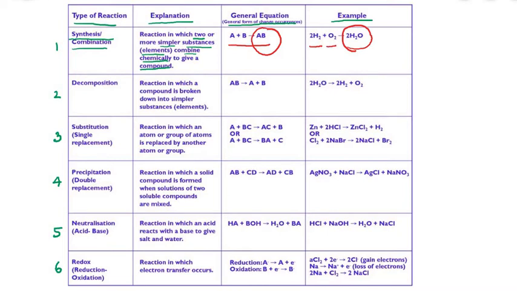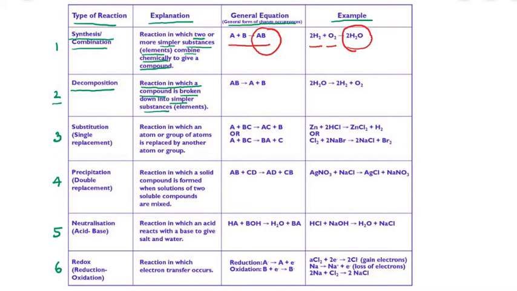And the second one is the type of reaction called decomposition reaction. It is exactly the reverse of the combination reaction, right? A reaction in which a compound is broken into simpler substances or elements is called decomposition reaction.